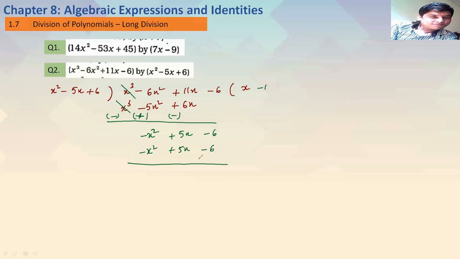We got the quotient as x minus 1 and the remainder as 0, right? It was by coincidence that I took these two questions with remainder 0.